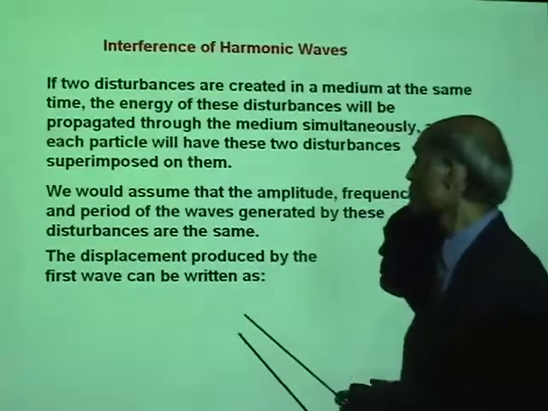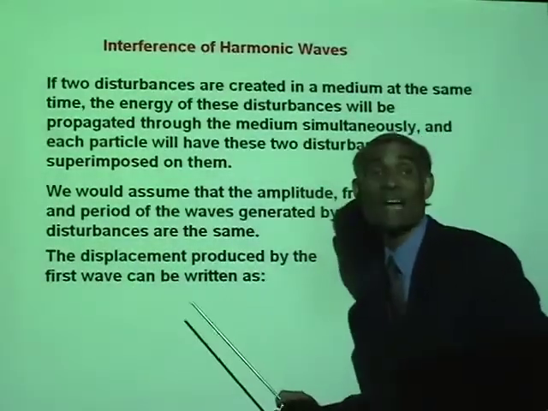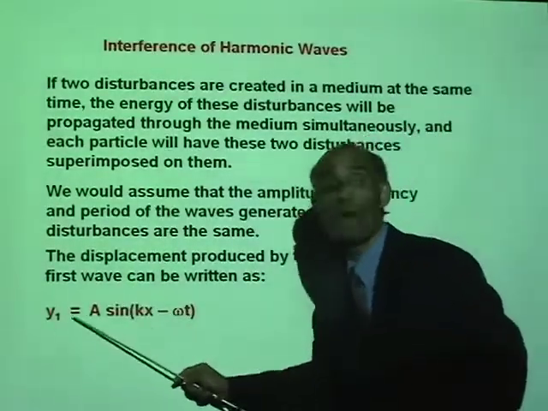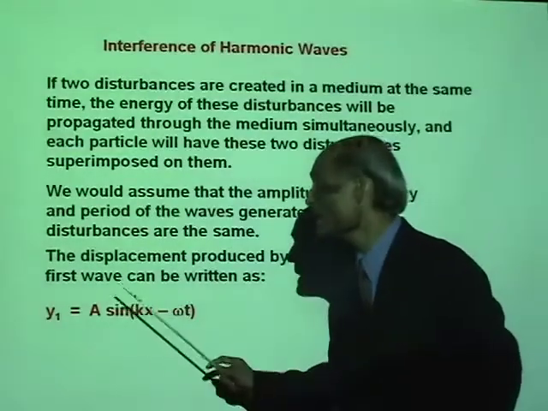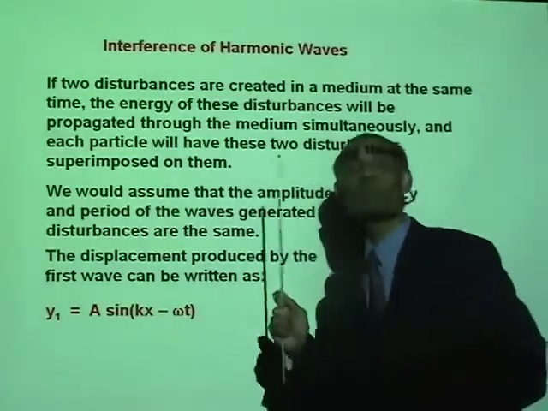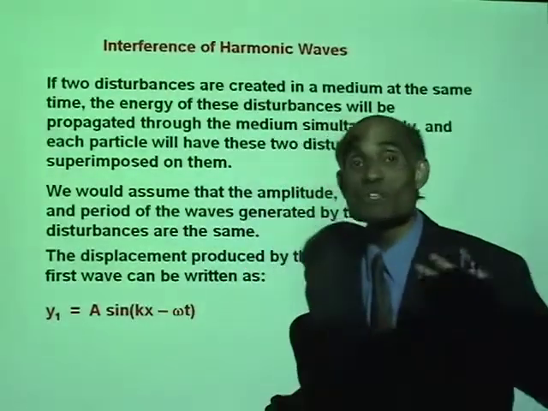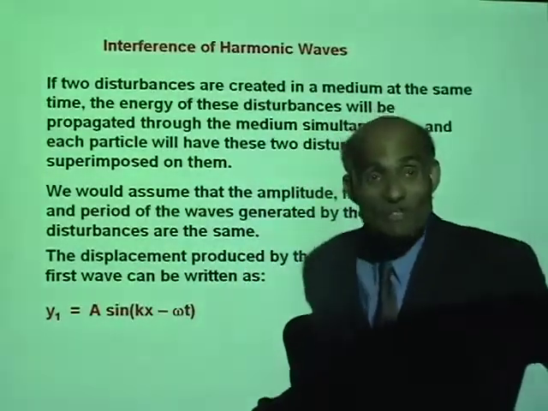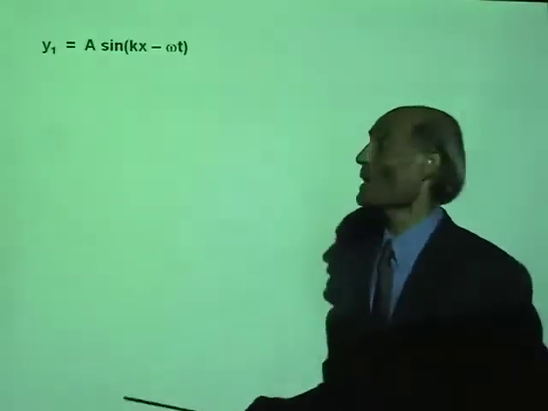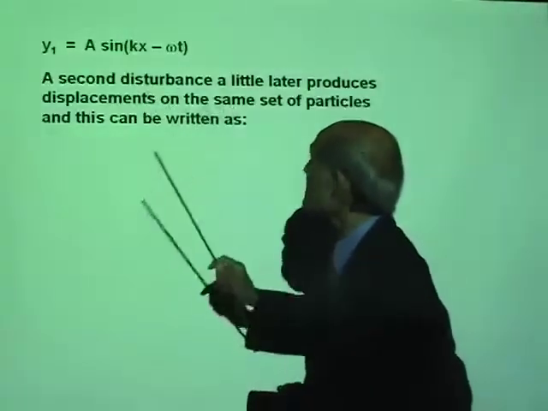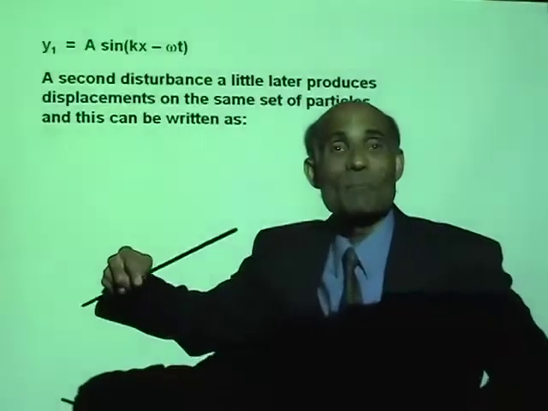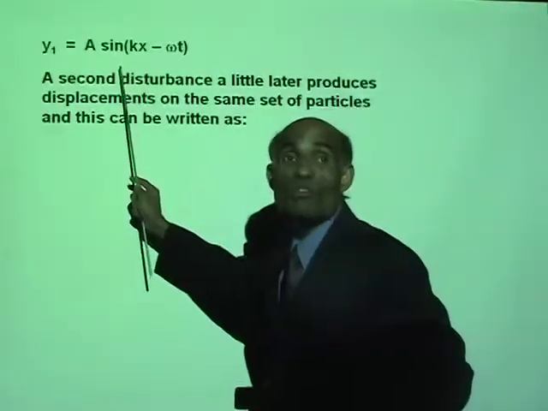The displacement produced by the first wave can be written as y1 = a sin(kx - omega t). Suppose this is the equation for the disturbance created by the first wave. Now, a second disturbance a little later means there is a small phase difference.